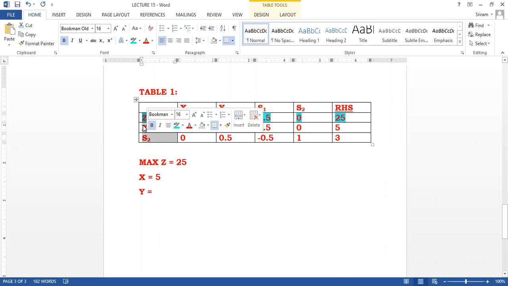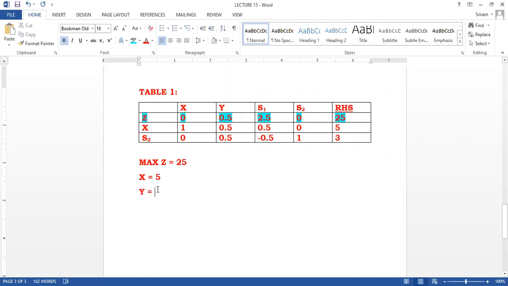I have Z, X, S2, there is no Y, so the value of Y is 0. So the maximum Z is 25 at X equal to 5 and Y equal to 0. This is the solution, solving LPP using the simplex method.